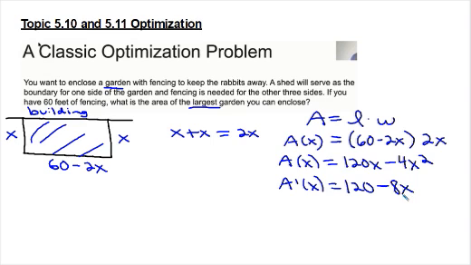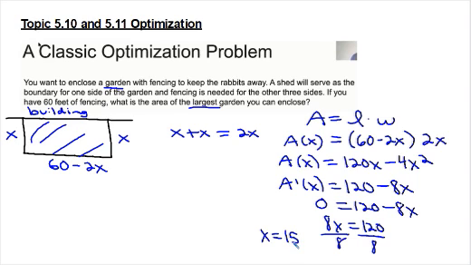We set that equal to 0 to find critical points like we always do. So 4x equals 60. We divide both sides by 4, and I believe that's 15, isn't it? So 15.